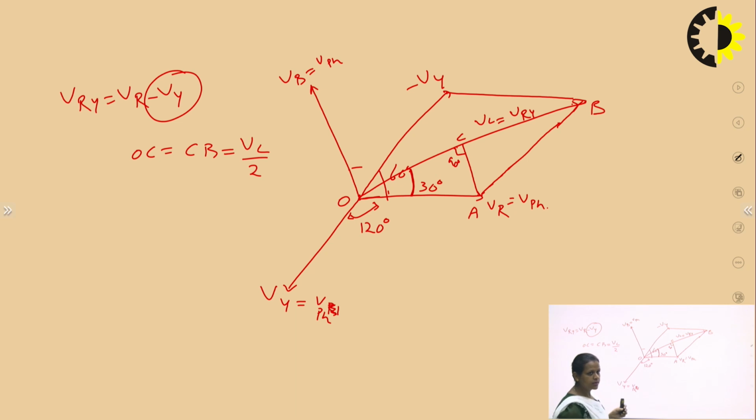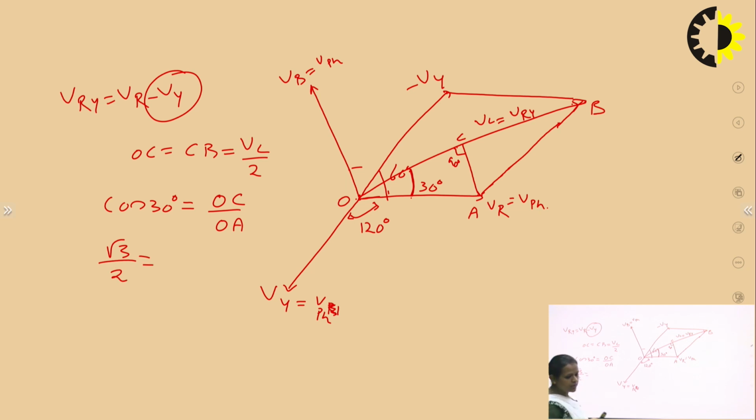Can we write this? Next, cos 30 degrees will be equal to OC by OA, and cos 30 degrees is root 3 by 2.